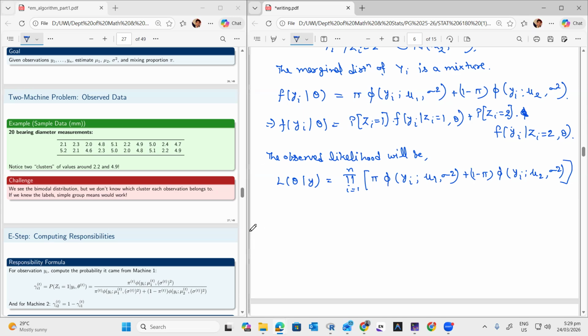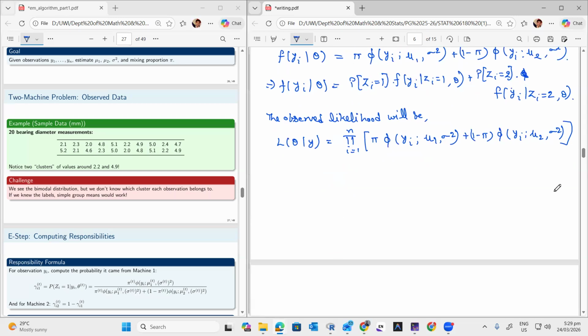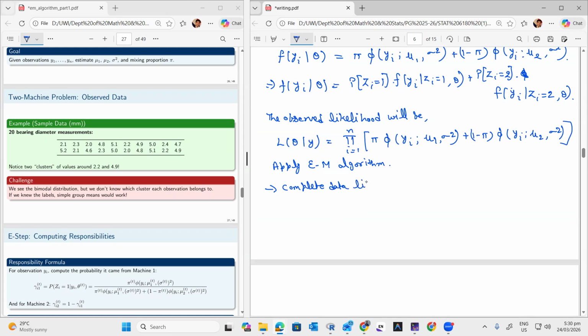Applying the EM algorithm, we first compute the complete data likelihood.